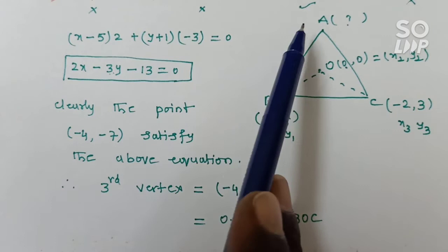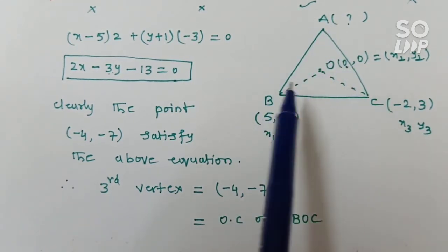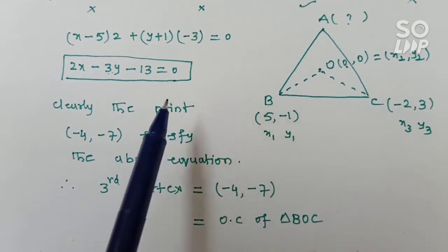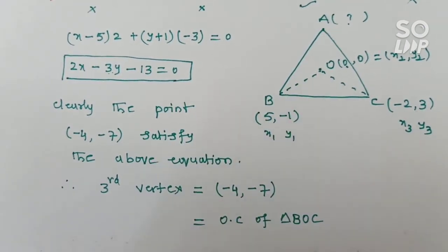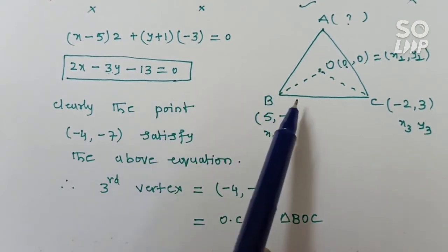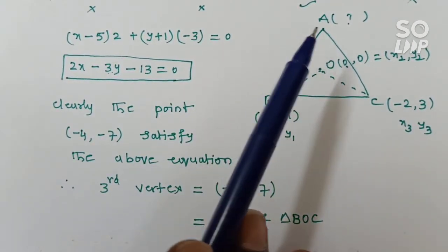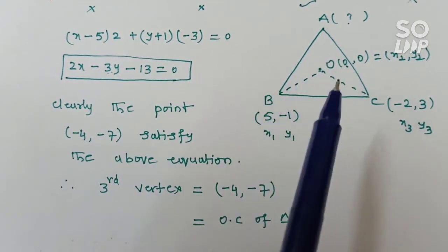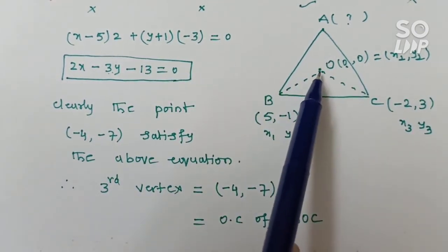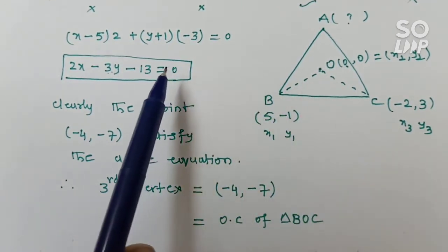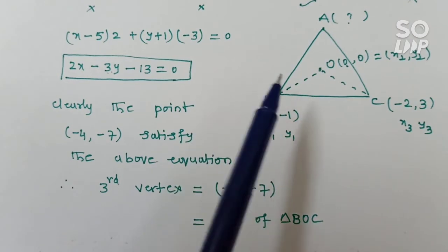Only those two options substituted in the second equation, only one will be satisfied, and that is the correct answer. I expected your doubt will be, if more than two options satisfy this equation, how can we trace out the exact answer? The method is that you find one more altitude, and the option which satisfies that equation is the correct answer.